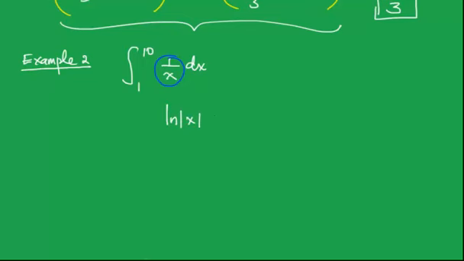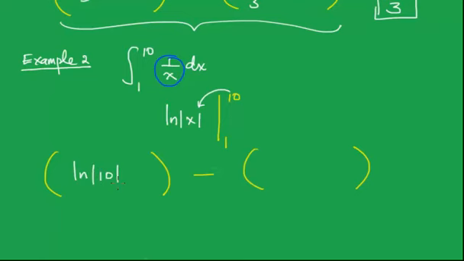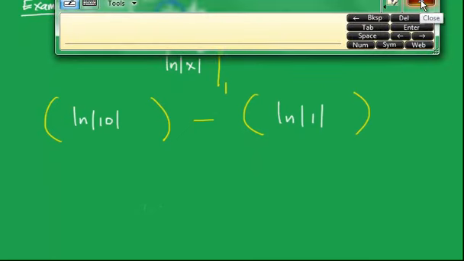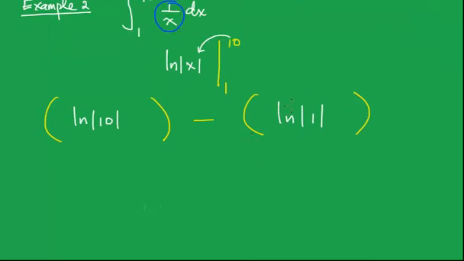Once we have that, we draw the vertical line, the lower limit, and the upper limit. What does that mean? 2 giant sets of parentheses separated by the negative sign. You plug in the upper limit first, natural log of absolute value of 10, and then you plug in the lower limit, natural log of absolute value of 1. If you want to simplify more, you will notice that natural log of 1 is 0, so you're just left with natural log of 10.